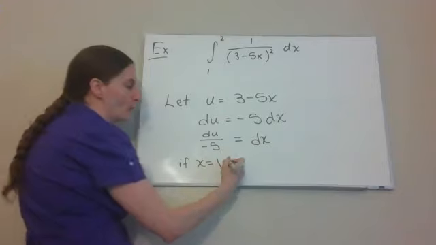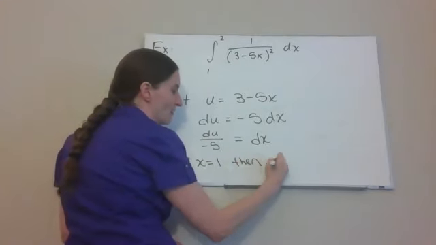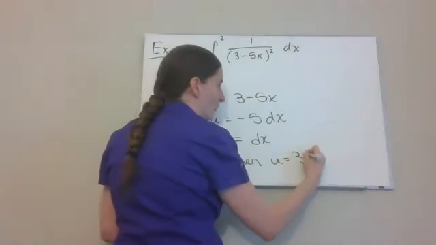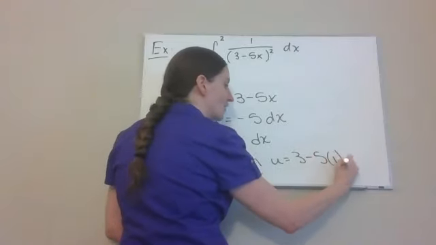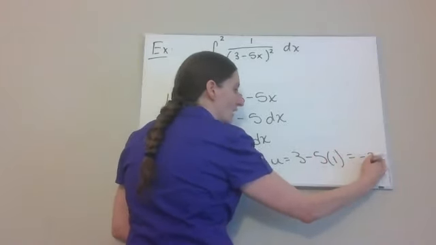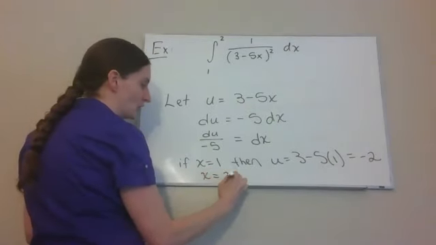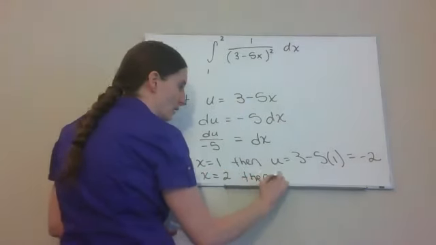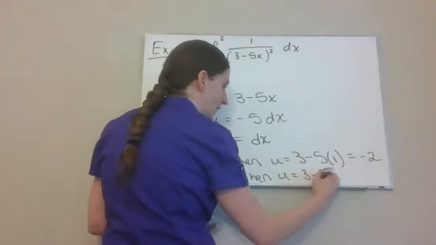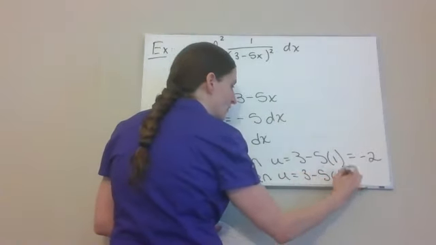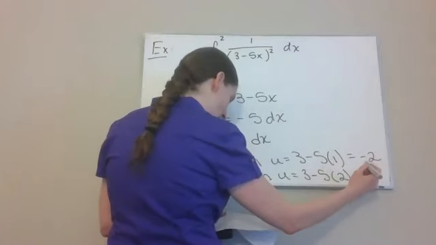If x equals 1, then my u is going to equal 3 minus 5 times 1, which is -2. And if my x is equal to 2, then my u equals 3 minus 5 times 2, which is -7.